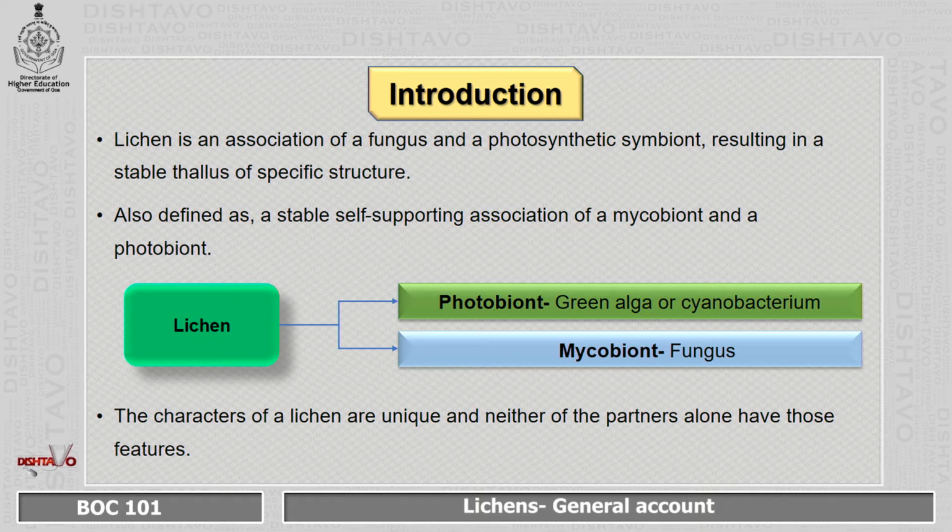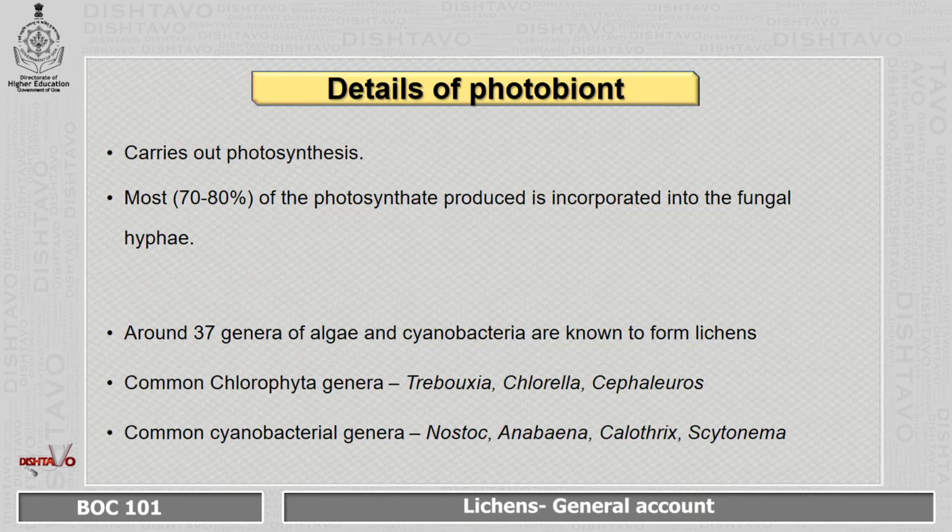So, we can say that lichen is an association between a photobiont and a mycobiont, wherein the photobiont can be a green alga or a cyanobacterium, whereas the mycobiont is a fungus. Now, the characteristics of the lichens are unique and neither of the partners alone has those features.